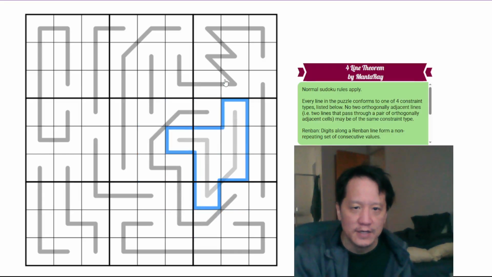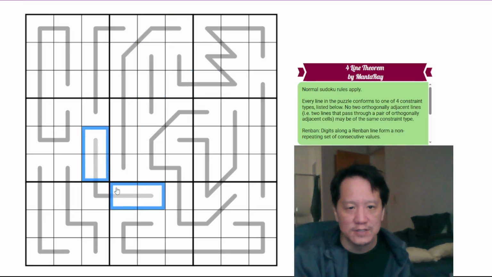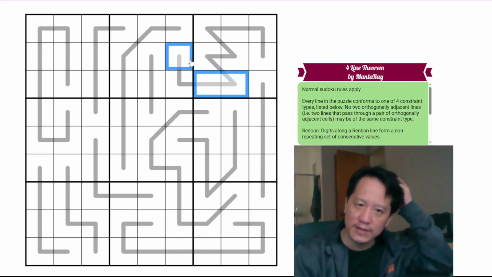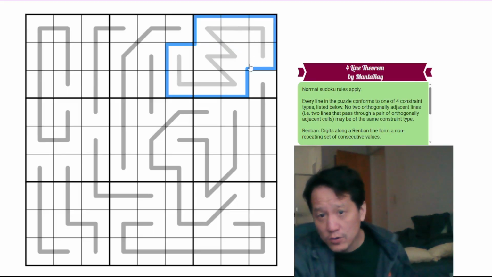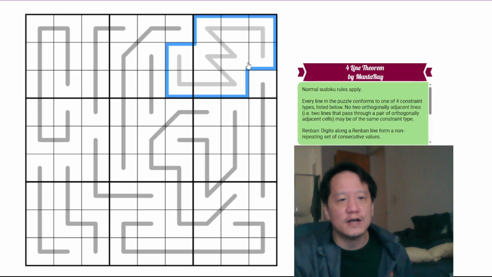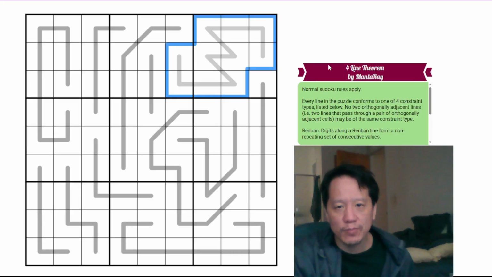This line, this line, this line, this line, and so on, this line, and this line. And this line here. And I think I missed this one too, so this one also. So keep that in mind. Every line cannot be the same constraint type as a line that it shares an edge with.